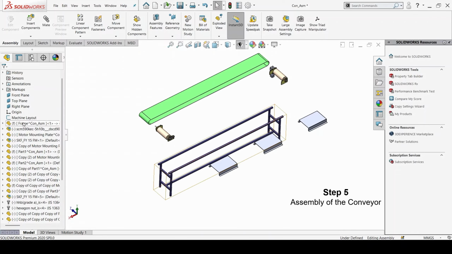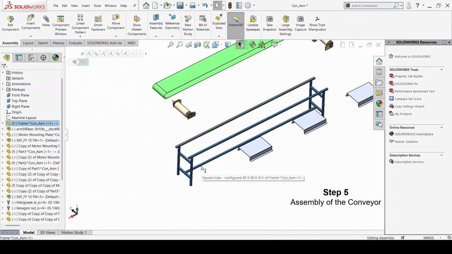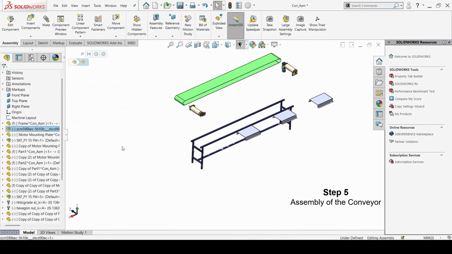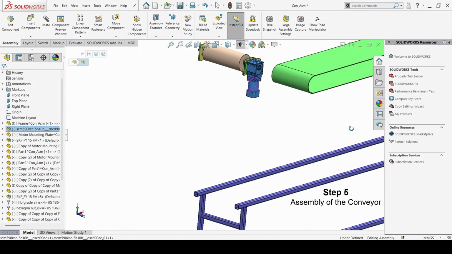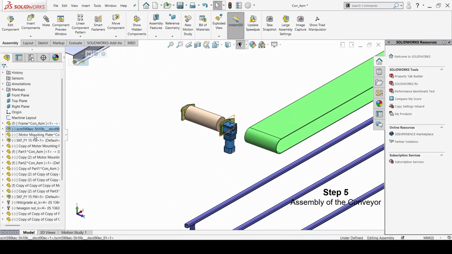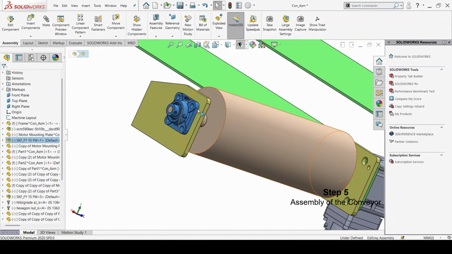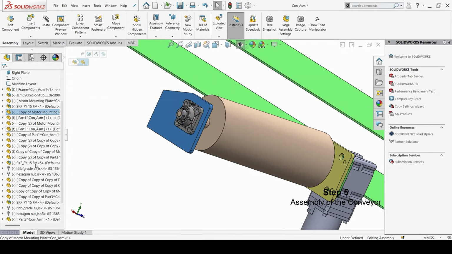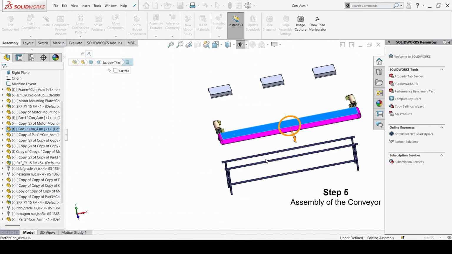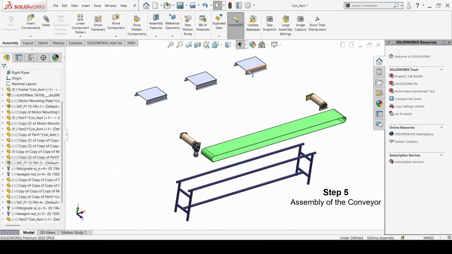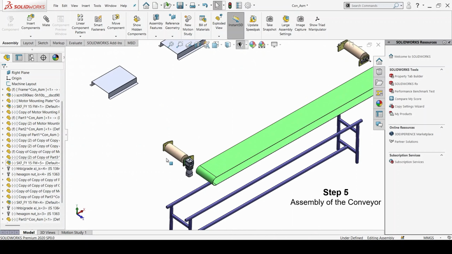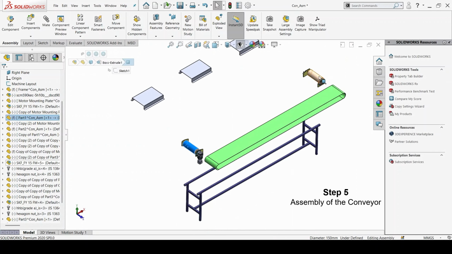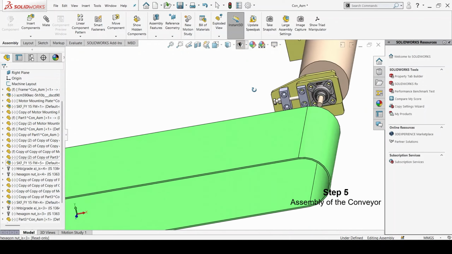Over here, first I have inserted the frame and placed it in the coordinate system, and second I placed the motor, which is over here as you can see, and motor mountings I have placed, bearings, this is the bearing, this is placed here, and next is the conveyor belt, which is placed here, and these three are the supports of the conveyor which will be coming in the bottom, and these two are the rollers, first and second, and here is the tensioner mechanism.